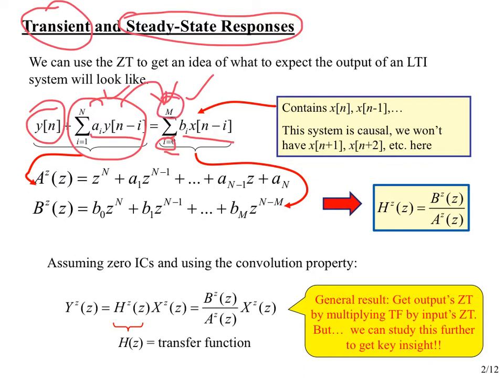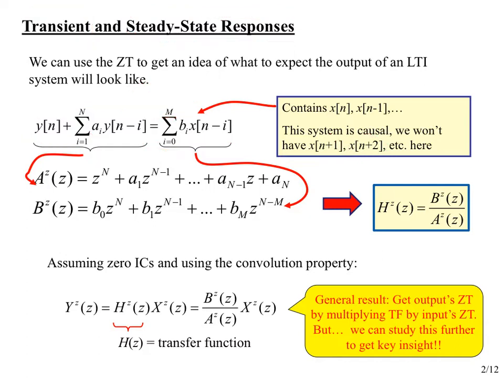What we don't need are n plus 1, n plus 2, and so therefore we can immediately identify this system as being a causal system, because the output y of n depends only on past outputs and no future inputs. So we can immediately tell that it's causal.